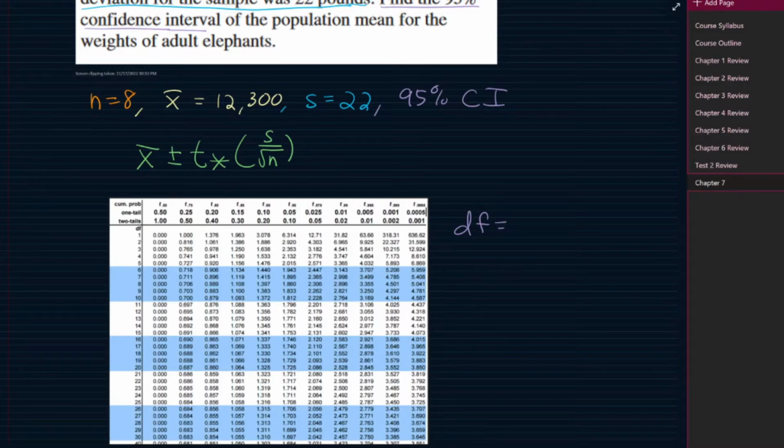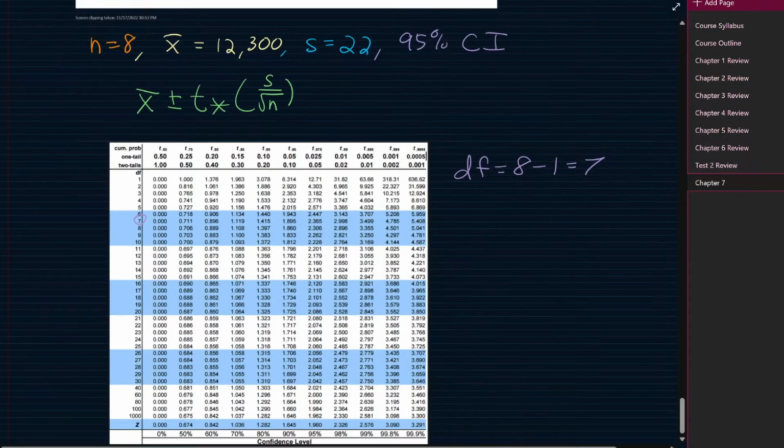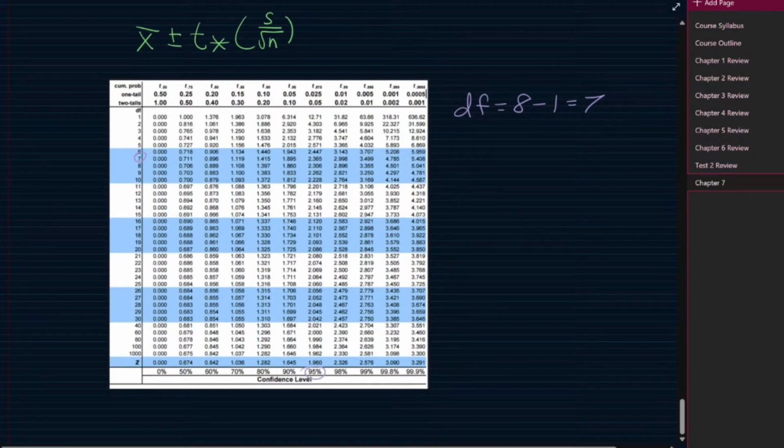So we're in this row. It's a 95% confidence interval, so we're in this column. And lining everything up, we get 2.365 for our t star. And then we plug everything in that we know into the formula, and that will give us our confidence interval.